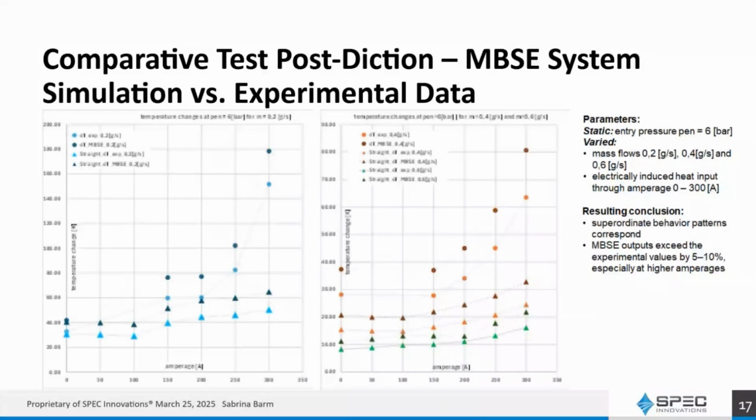And the dots are a little small. The lighter colors are the MBSE values, the darker colors are the experimental values.